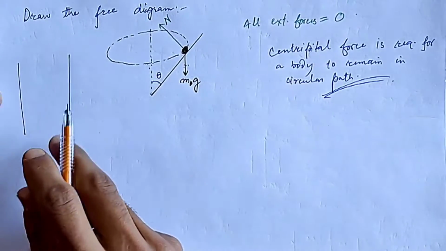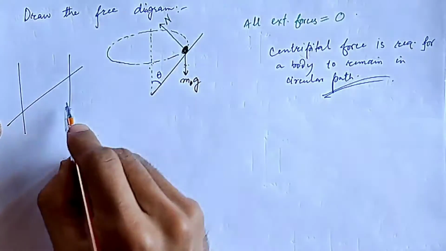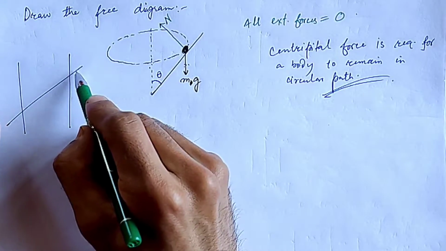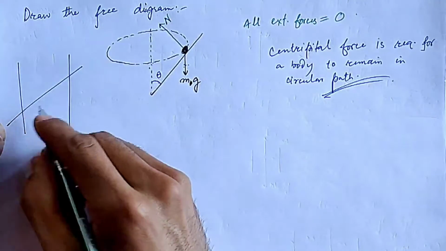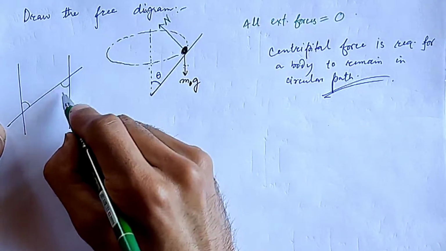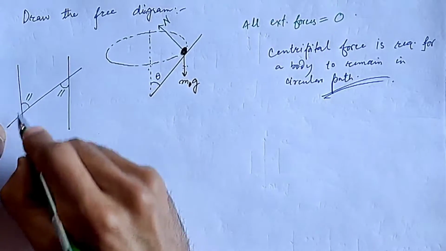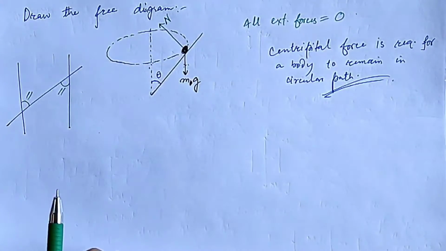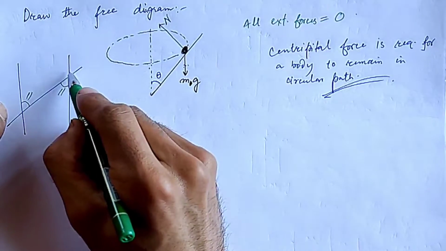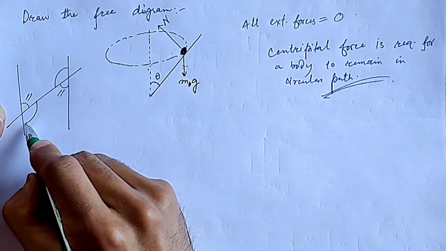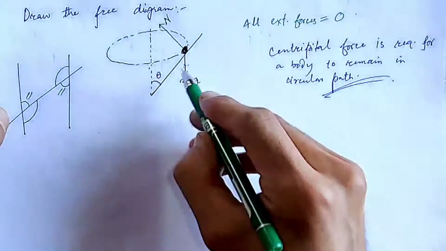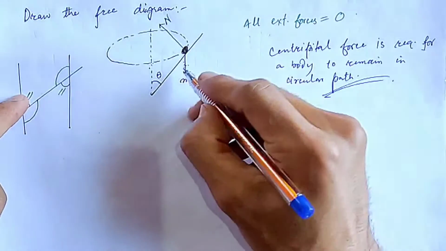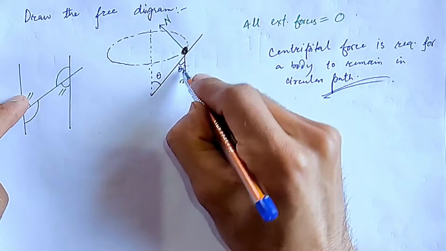And we know from the law of intersection of lines, if two lines are parallel and intersected by another line, then this angle and this angle are equal. These two are equal, because these are interior angles between the parallel lines. Similarly, this angle and this angle are equal. Fine. So here, this angle and this angle will be the same. So this will be theta.